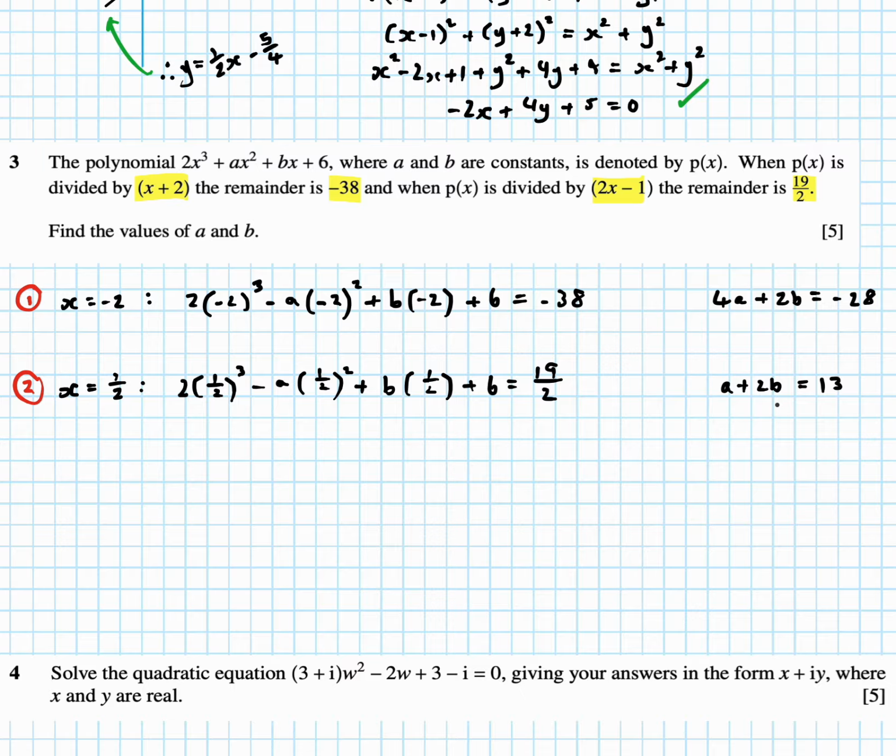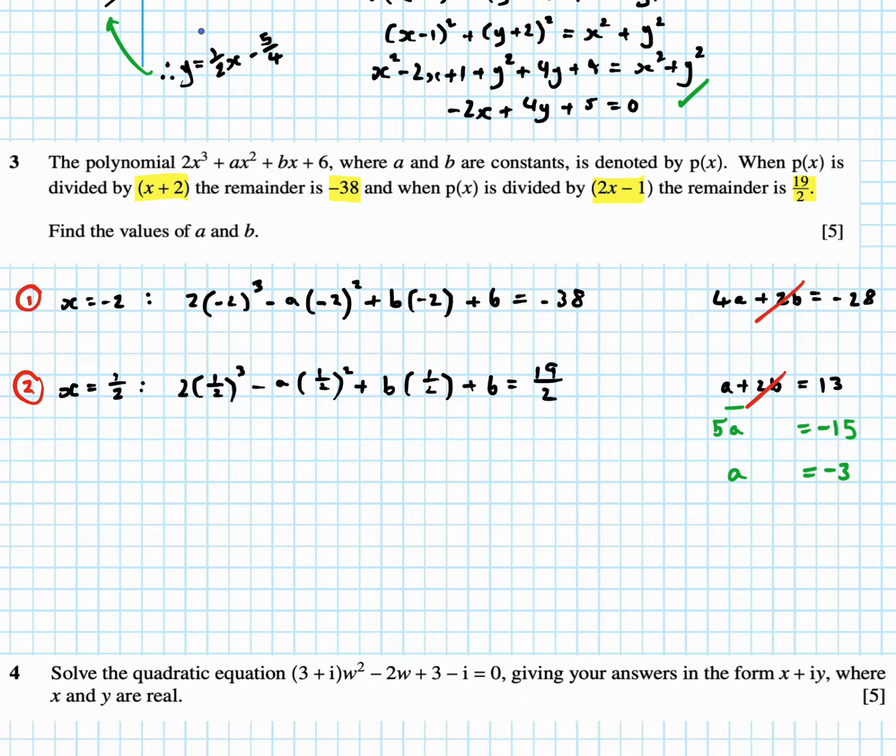And from there, we can solve for this because we have a 2b and 2b in both of them. So we got 5a and 15, isn't it? So a is minus, yeah, that's right.